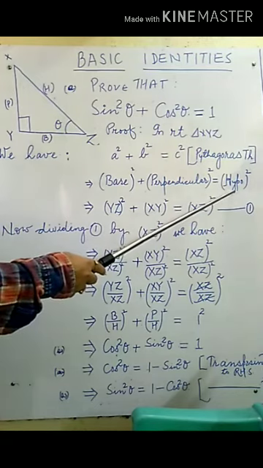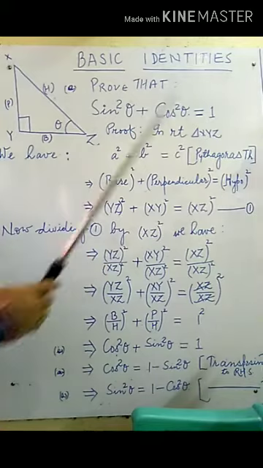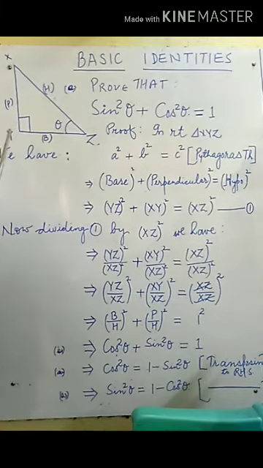This is Pythagoras theorem. Now what is base here? Base is YZ, so in the place of base we write YZ whole square, plus what is perpendicular here?